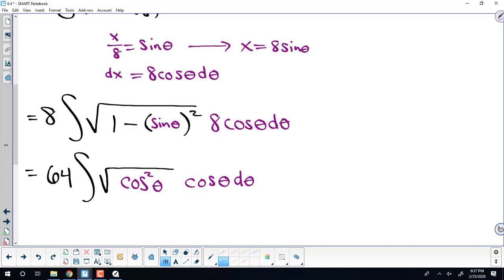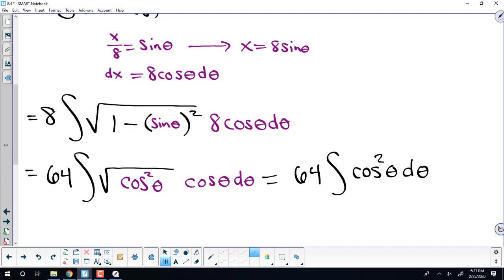Okay, so the square root of cosine squared is cosine times the other cosine. We've got 64 times the antiderivative of cosine squared theta with respect to theta. There's cosine squared again. How do we integrate that?